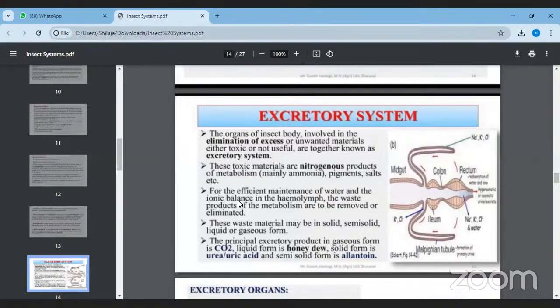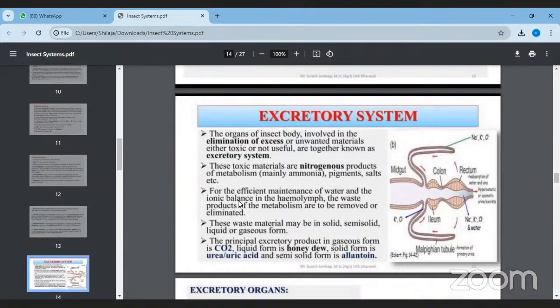Whatever excretion happens in the insect body to maintain a constant internal environment is called homeostasis, where the metabolic nitrogenous waste is kept in check and the regulation of salts and water is done, so that the insect can lead a balanced life.